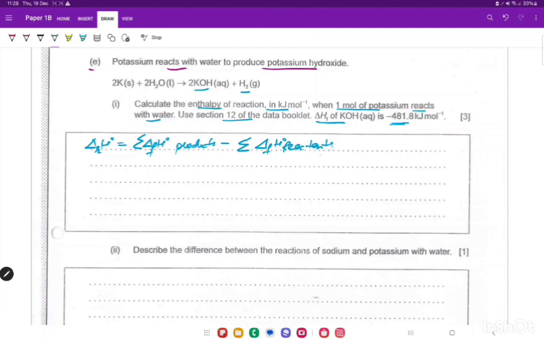This is the formula. And from data booklet section 12, we know that the enthalpy of formation of water, ΔHf° for H2O, is given, which equals minus 286 kilojoules per mole. It is given to us.